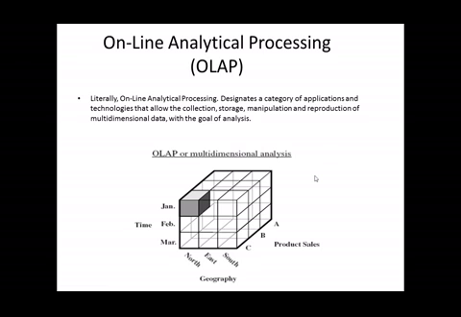And OLAP, as I told you, is a multi-dimensional analysis. What are the various dimensions? This is just a representation of 3 dimensions, but you can have 15, 16 dimensions across geography, products, time, regions, different customer segments, and different distribution channels. Internet can be one of your distribution channels, direct sales can be another.